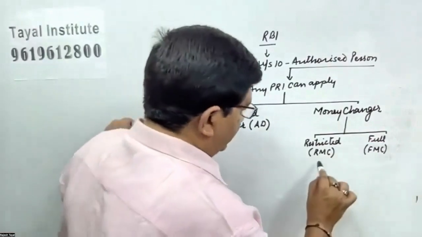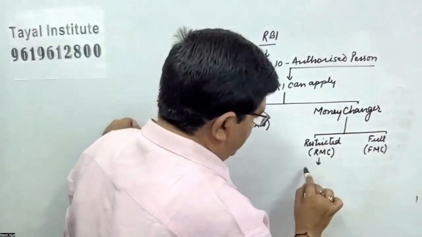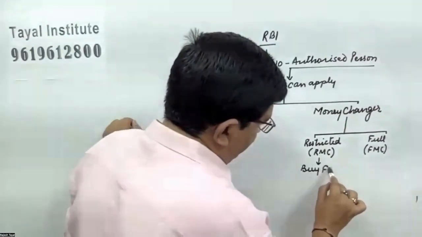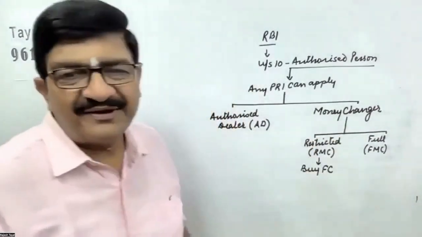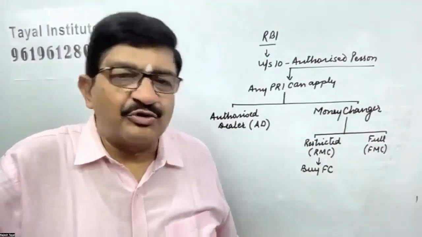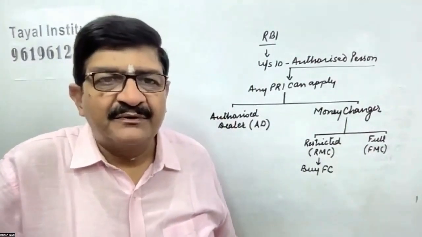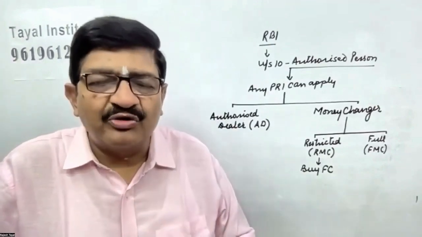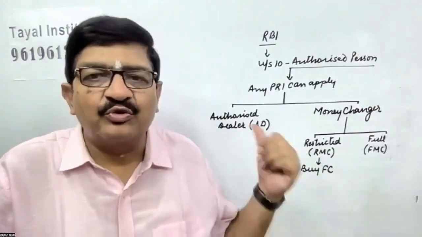Restricted money changer, he can buy foreign currency. He is entitled to buy foreign currency, and whatever he buys, subject to a small limitation, the rest of the money he is required to surrender to the authorized dealer.